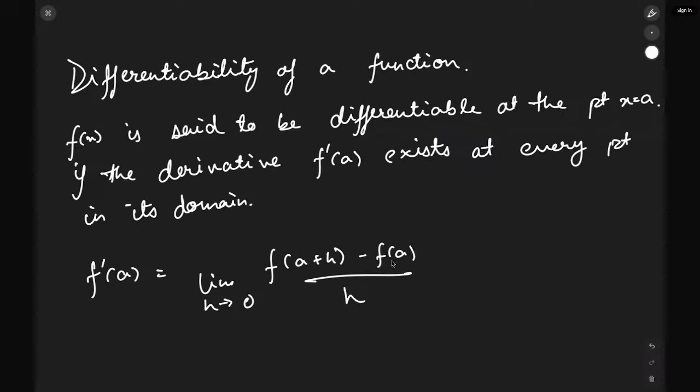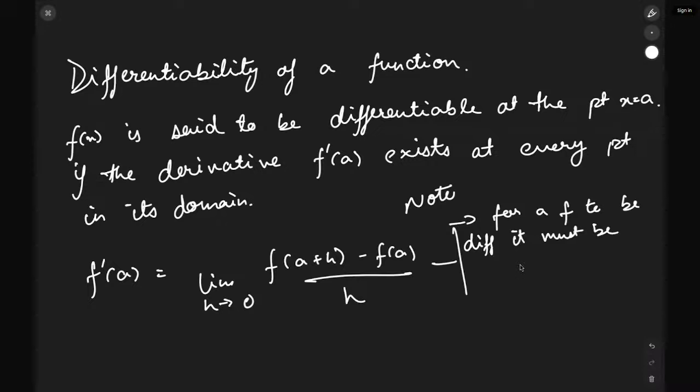Now, for a function to be differentiable at any point x is equal to a, it must be continuous at that particular point. But vice versa is not always true. Therefore, a simple note in addition must be: for a function to be differentiable, it must be continuous.